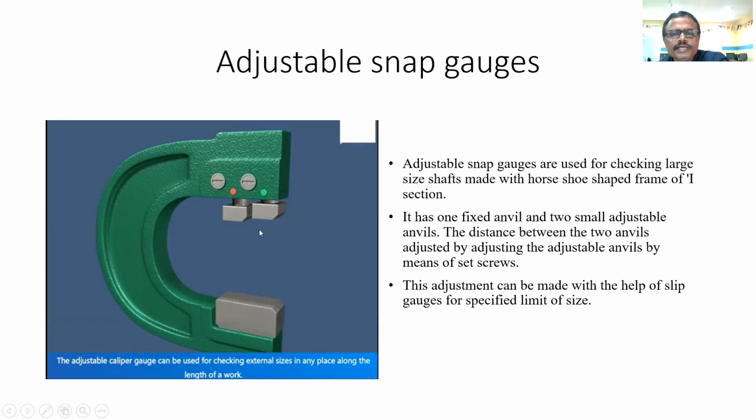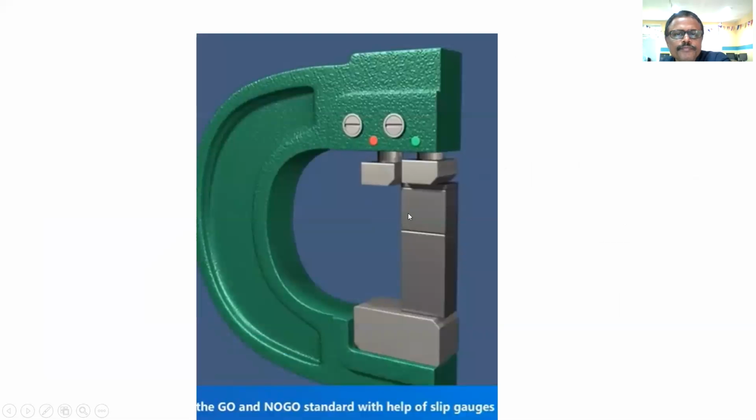The distance between the two anvils is adjusted by means of the screws here. This adjustment can be made with the help of slip gauges for specified limits of size.